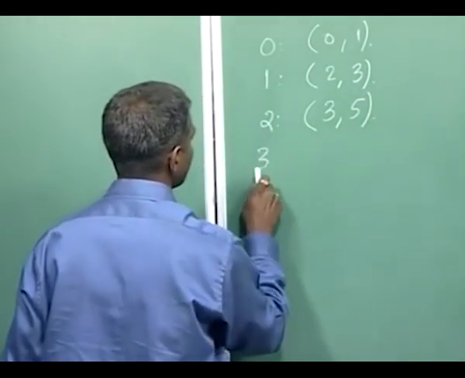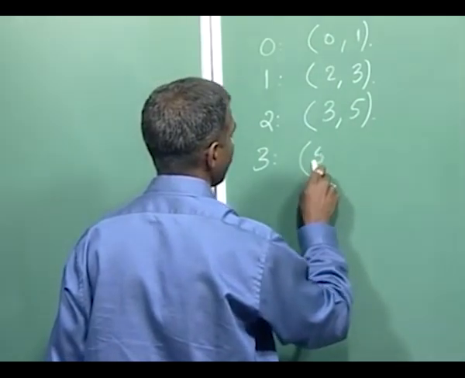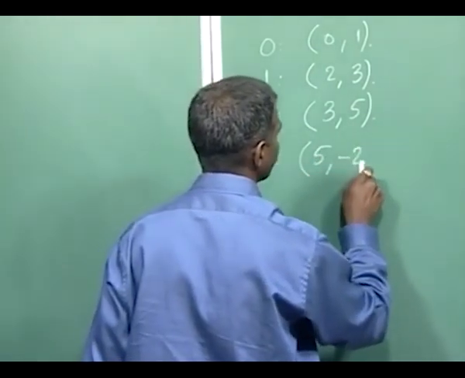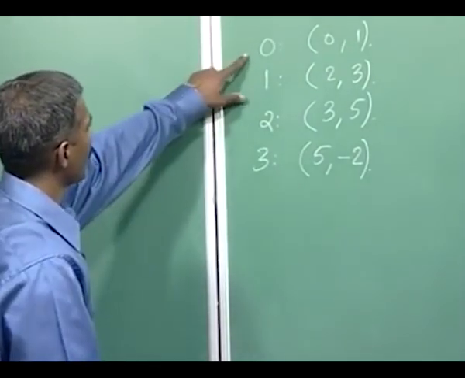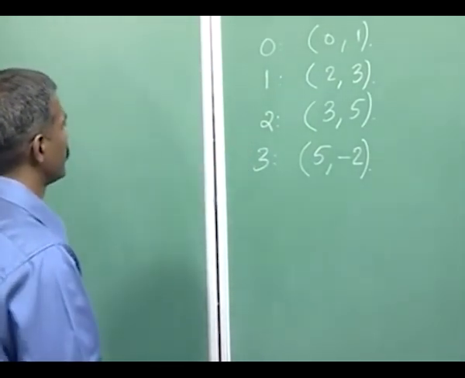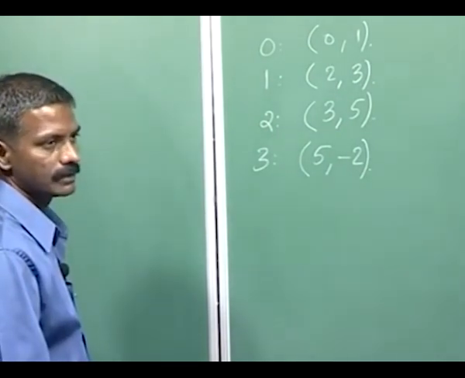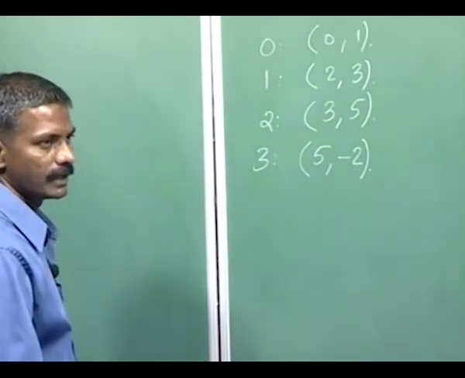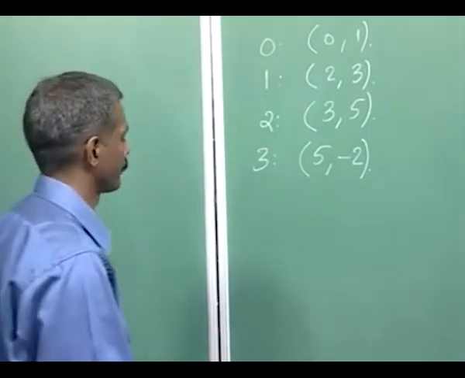And the fourth data point here is, let's say, 5, minus 2. I'll have these 4 data points. Correspondingly, I would be able to compute up till the third divided difference. Let's try to compute directly using the algebraic form.